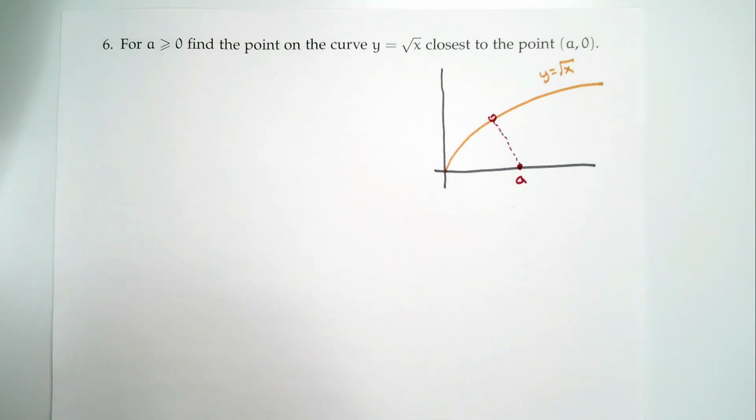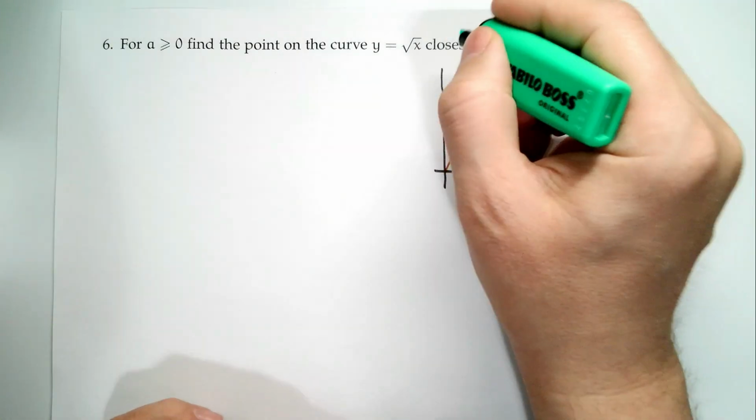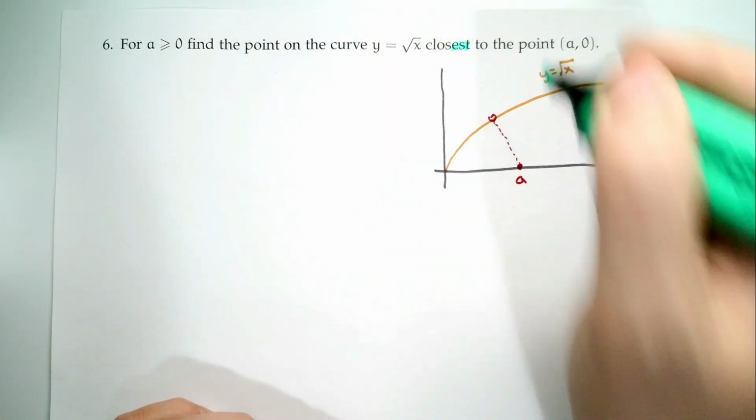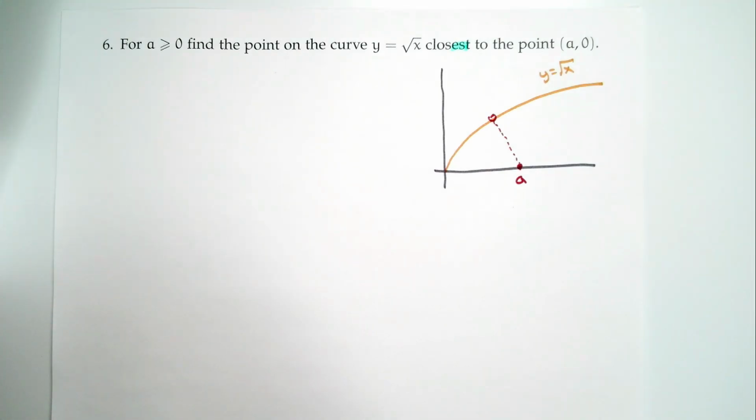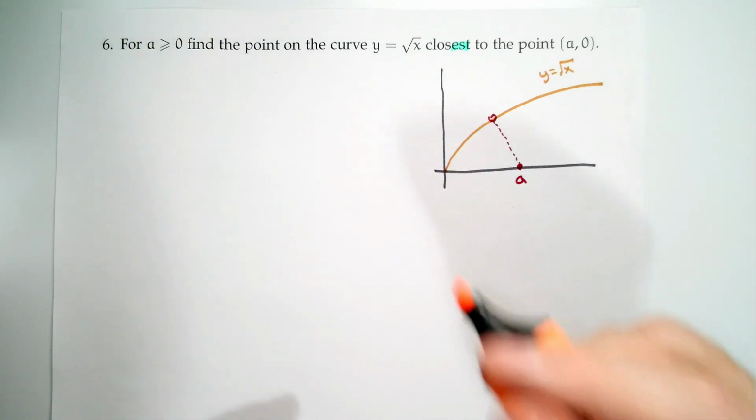Now, how can we do it? Well, we have to find a formula that we need to optimize. So let's think about what's the right formula here. First off, we have an optimization, because you see how we have the word est. Whenever you have est, that means you're optimizing.